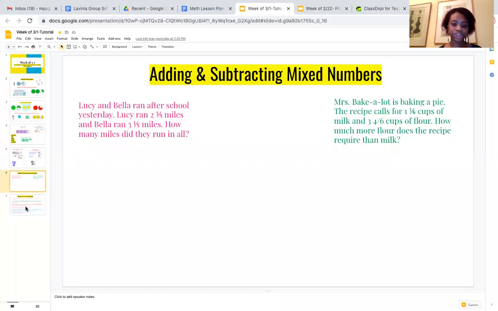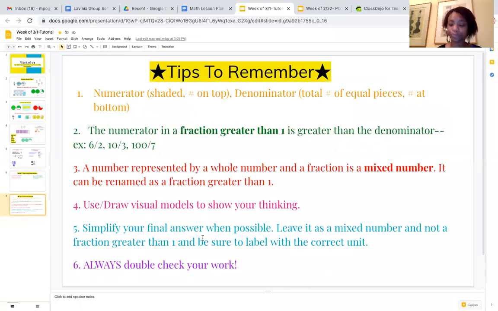And here are just some tips to help you as you help your child to be successful this week. A numerator that is greater than the denominator is a fraction greater than 1.